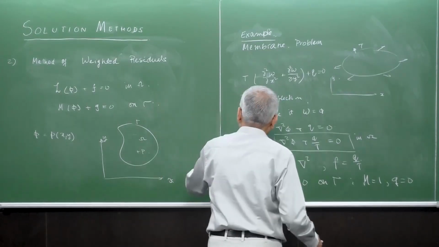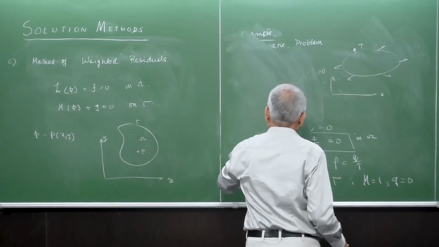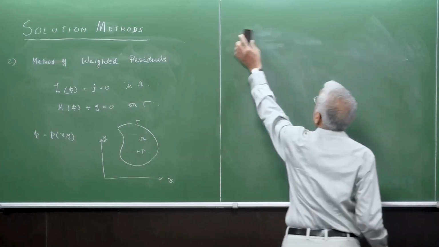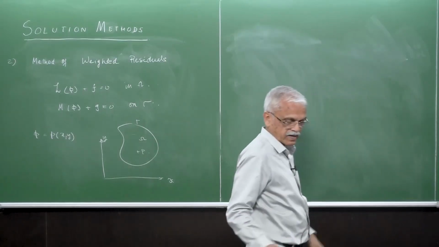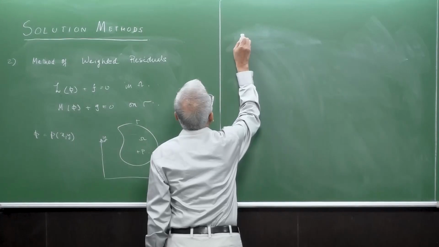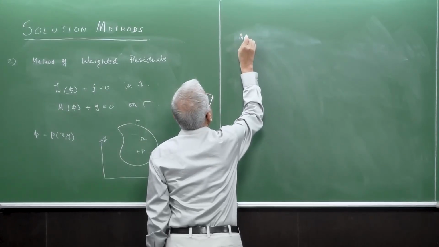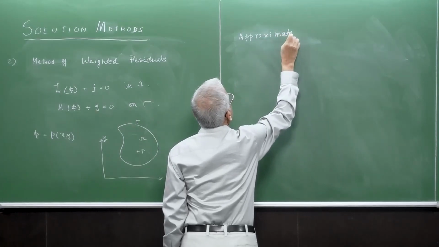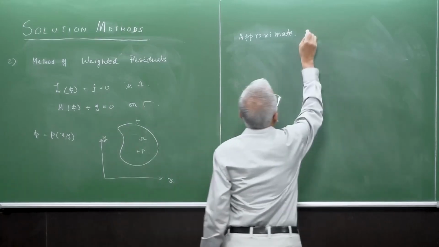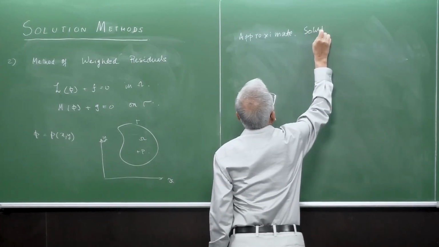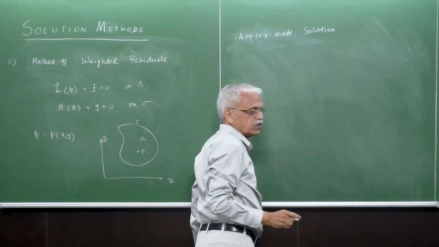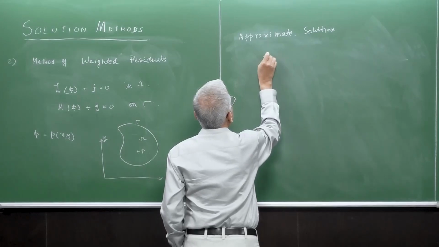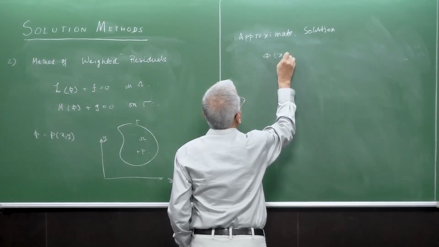Having done this, let's look at the solution procedure when the problem is posed in this manner. Our approximate solution procedure: how do we get phi, which is the exact solution?